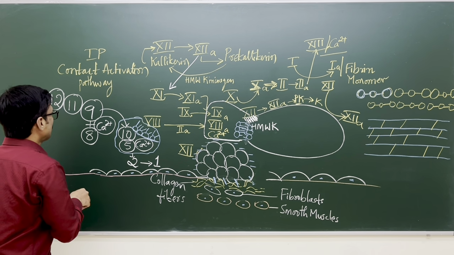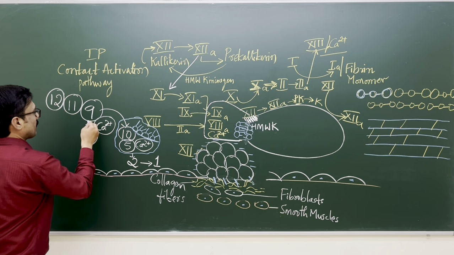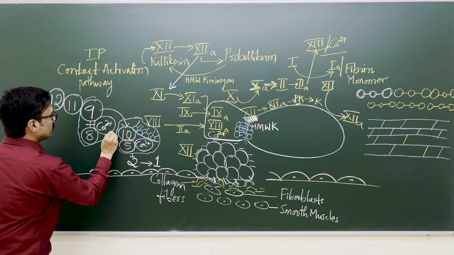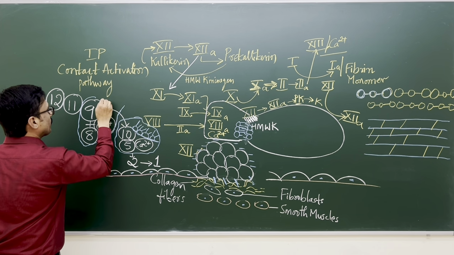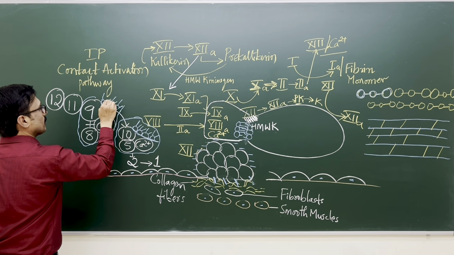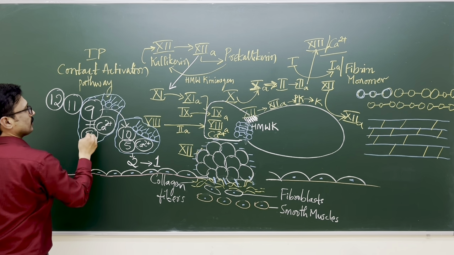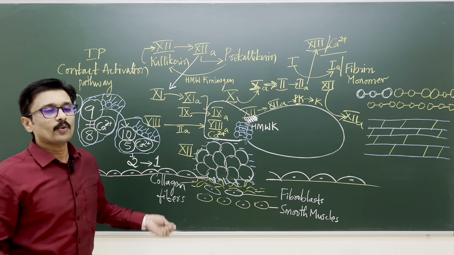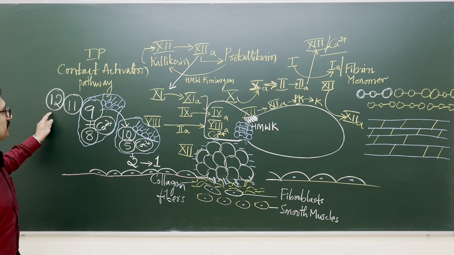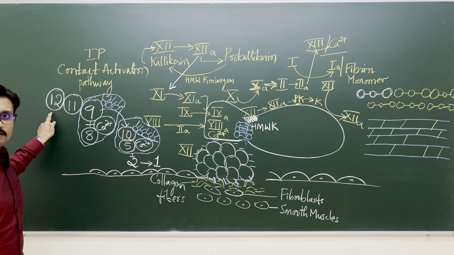So here also, this activated factor 9 forms a complex with 8, calcium and also membrane phospholipids. So this is all happening over the surface of the platelets. Factor 12 is getting activated by contact with the activated platelets.